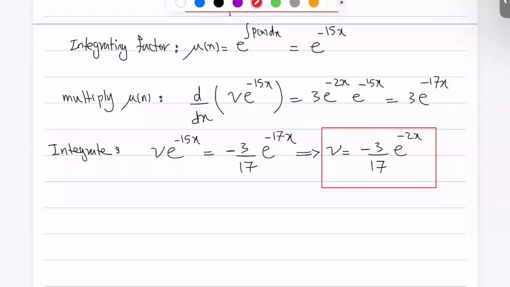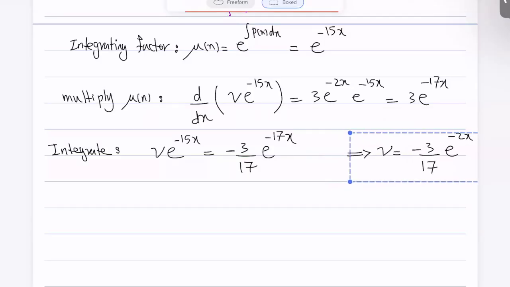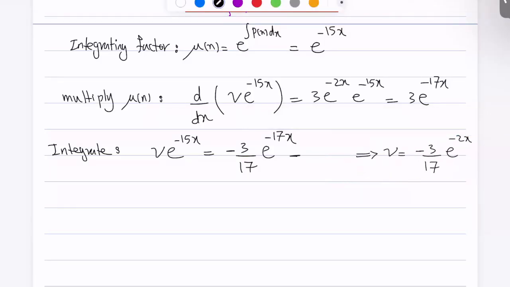Okay. I did make a mistake, and I'm glad I made this mistake, because it's important that we don't forget we need to have a constant of integration here. That's why we have the initial value, right? So here I need a plus c when I do this integration.